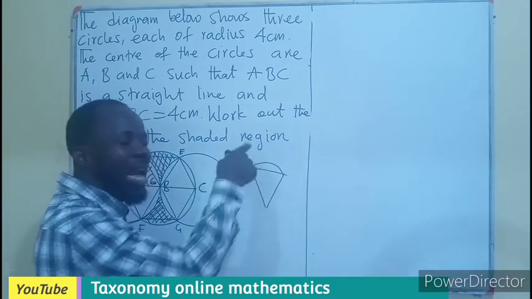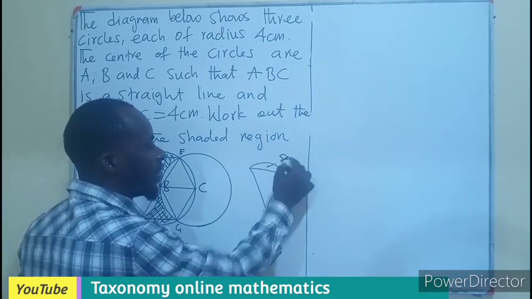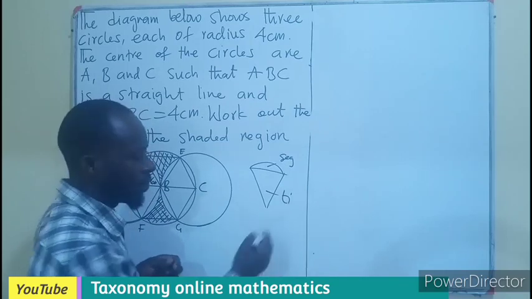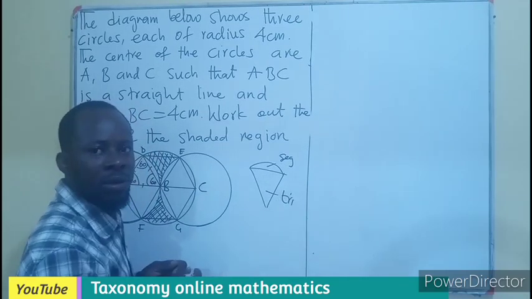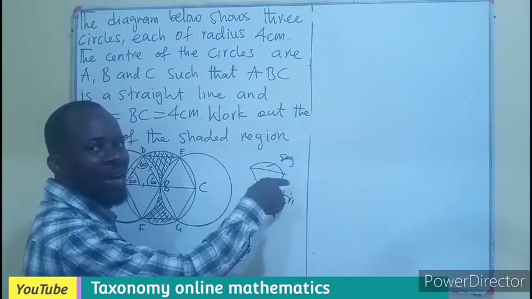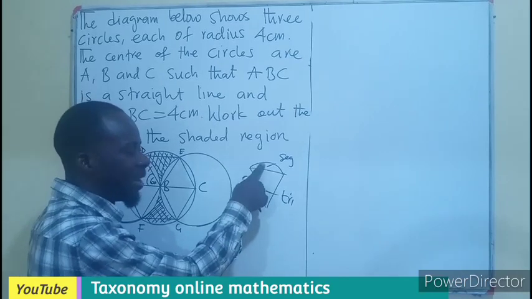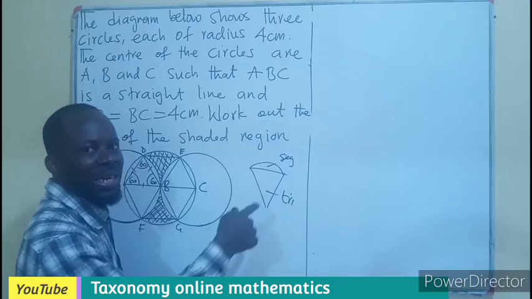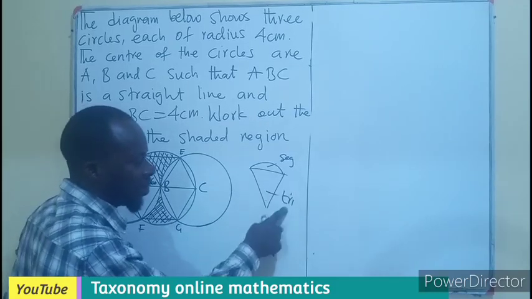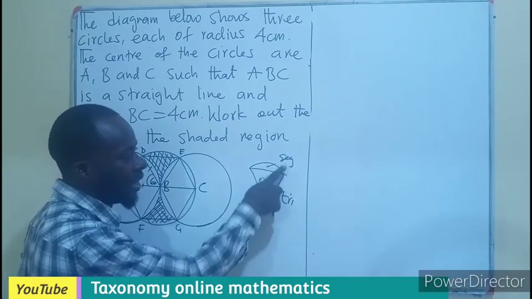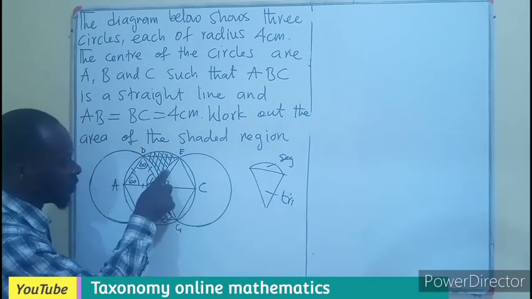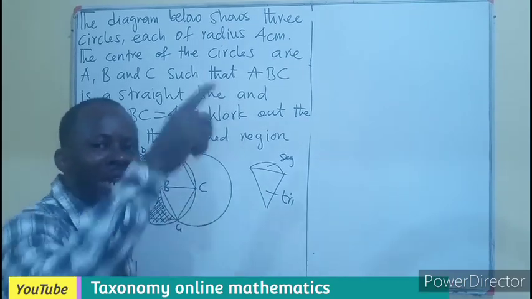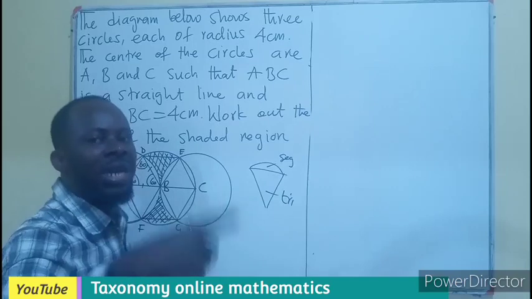The sector is made up of a segment and a triangle. So segment plus triangle equals a sector, meaning the segment I am looking for will be equal to the sector minus the triangle.